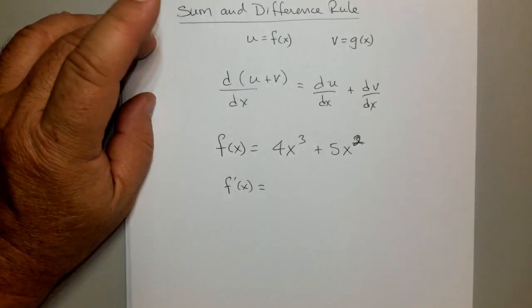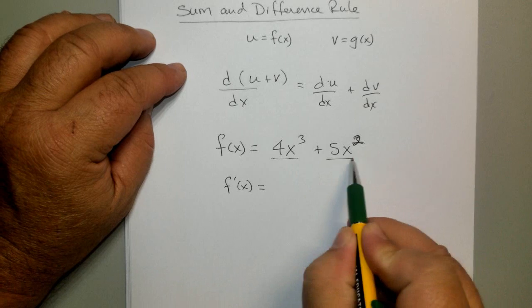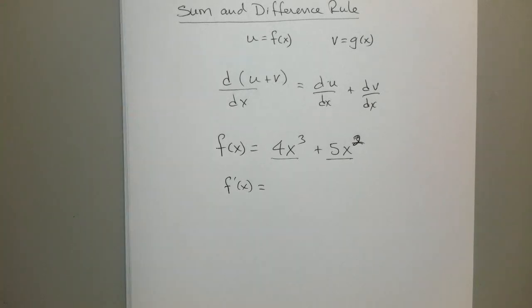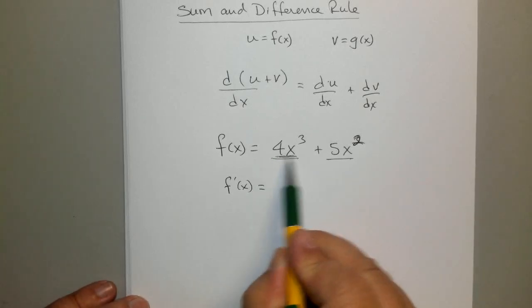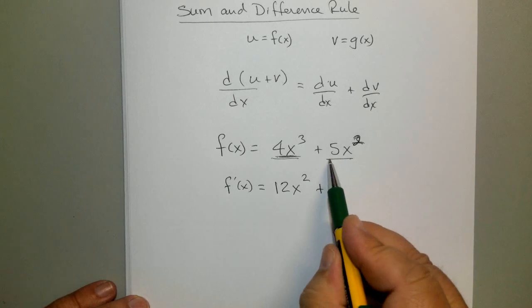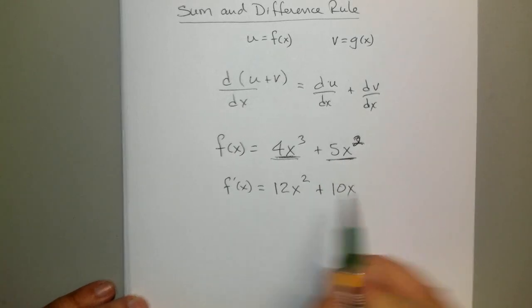So what the rule says, since we have two terms here, we take the derivative of each term separately. What's the derivative of this one? 12x squared. And derivative of this one? 10x. There you go.